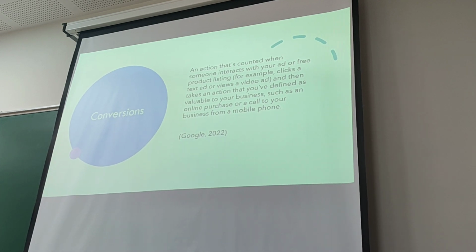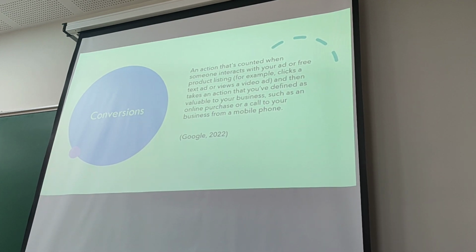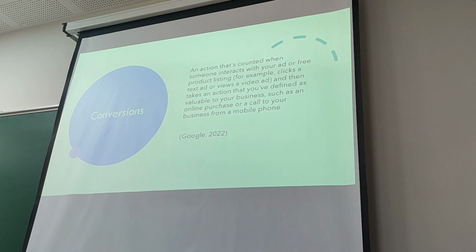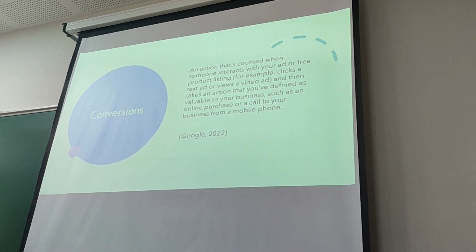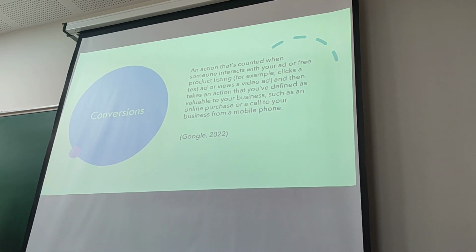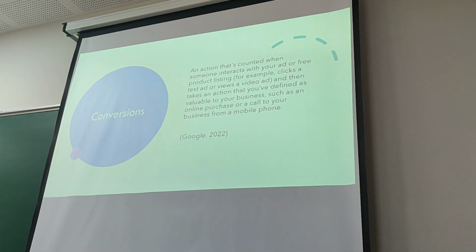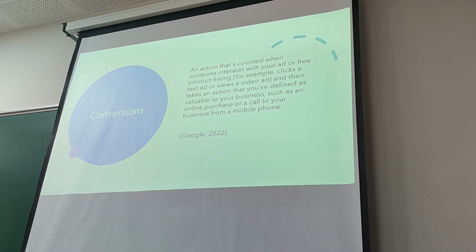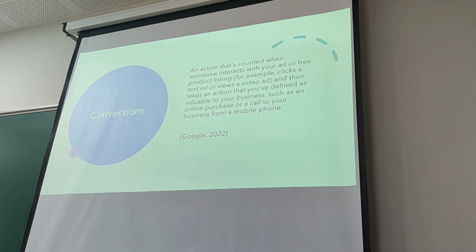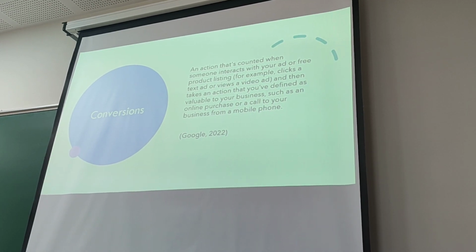Once you've got your campaign all set up, the thing you are checking for is conversions. Conversions is probably the most important word for digital marketers. All of your work is for nothing if you don't get conversions. All the work that you do across all platforms and all your tools is trying to get conversions.